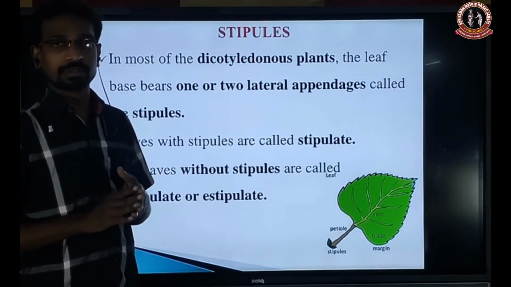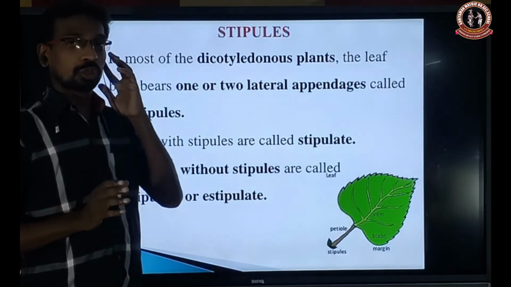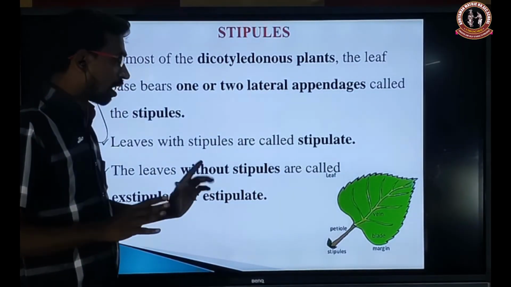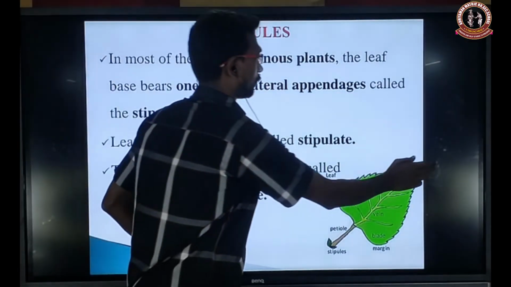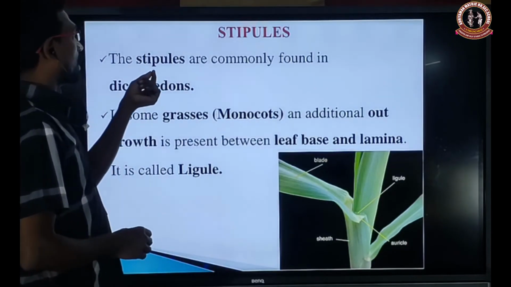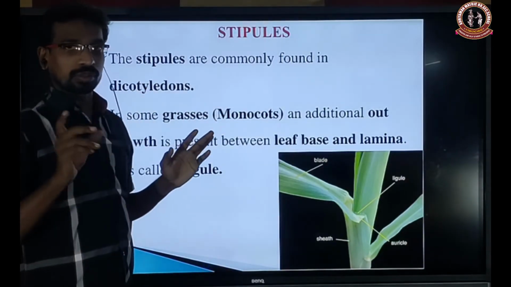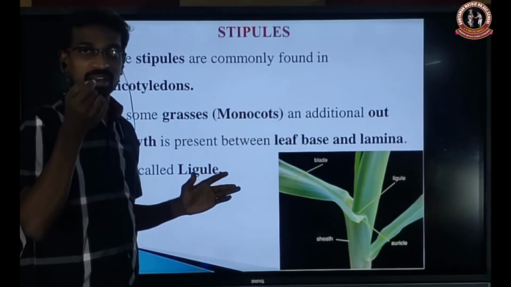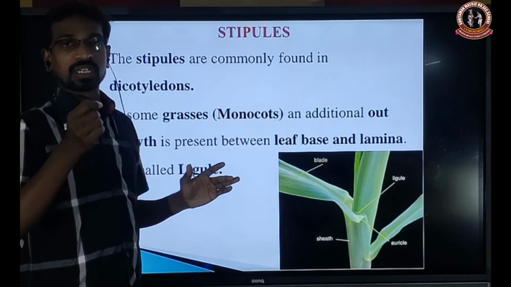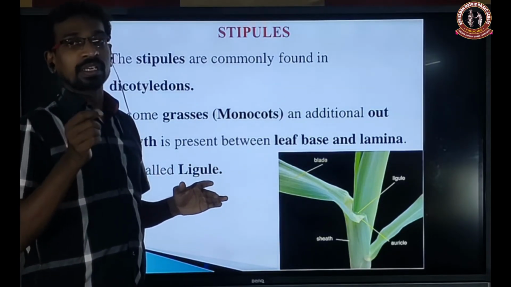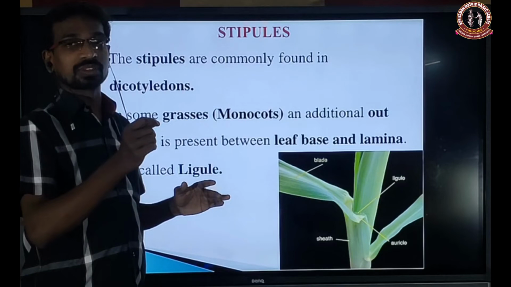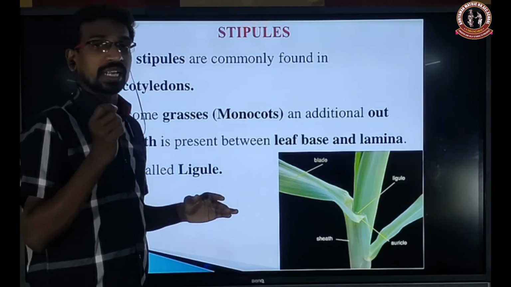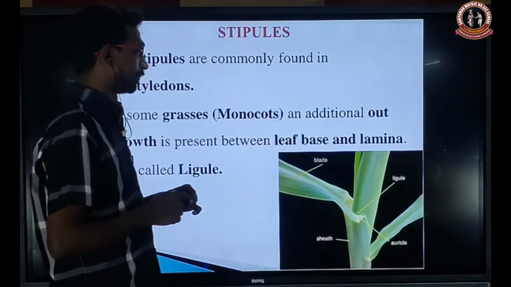Stipules are commonly found in dicots. A stipule is a pair of appendages present at the leaf base region.